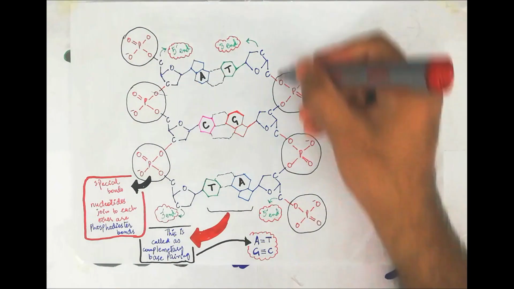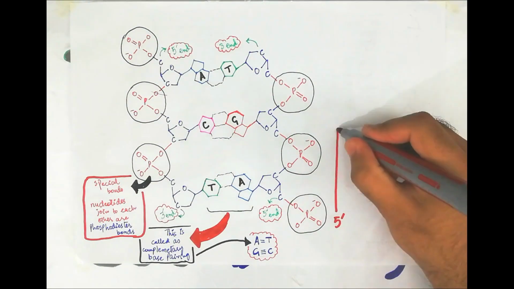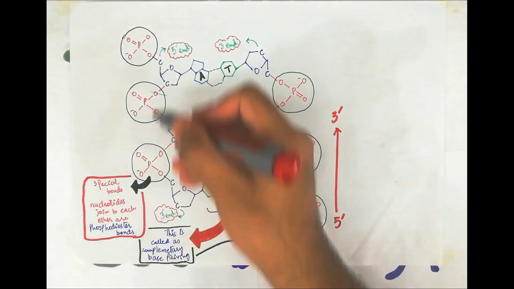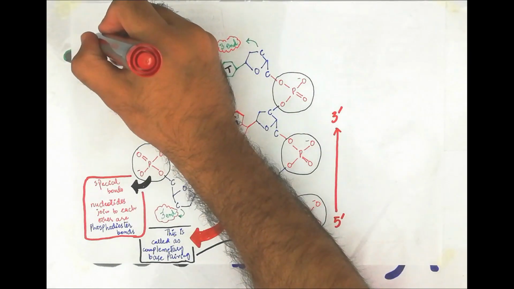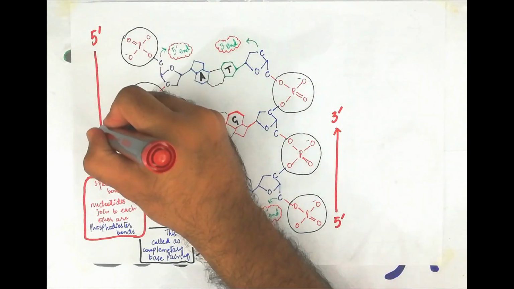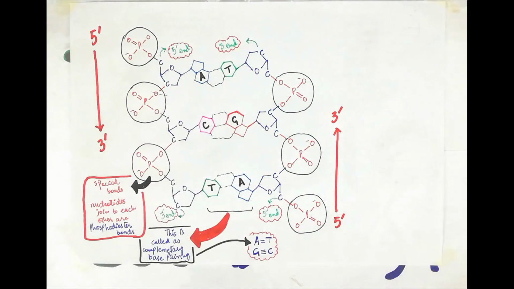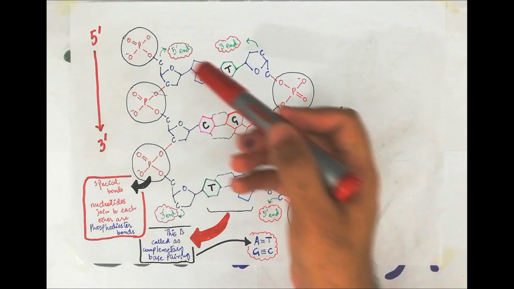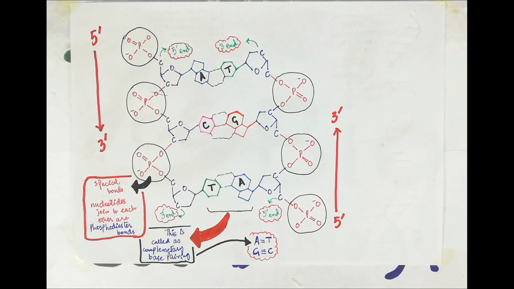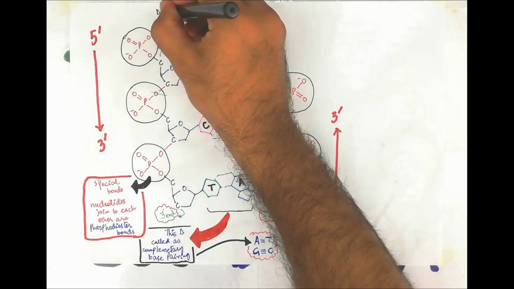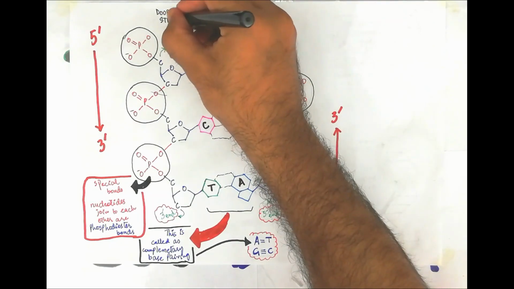We can say that this strand runs from 5' to 3' direction and this strand here is obviously from 5' to 3' in the opposite direction. Always remember, you will always mention the direction from 5' to 3'. Just the difference is both strands are antiparallel. They run in opposite direction.